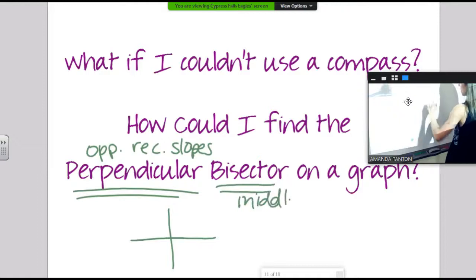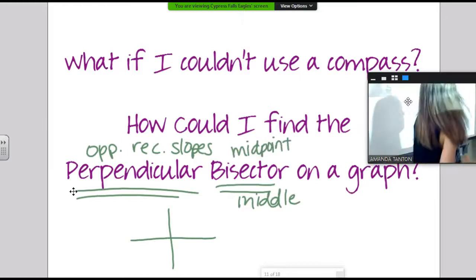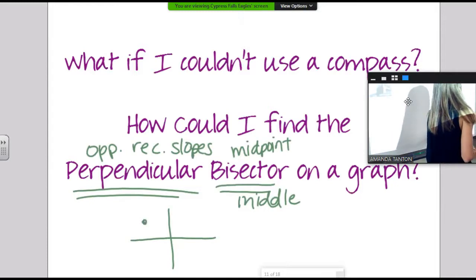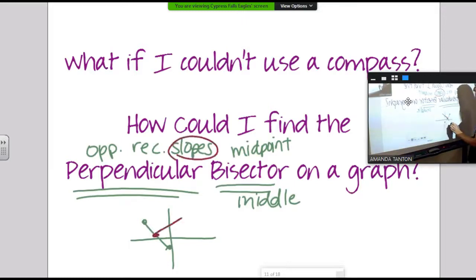The geometry word for middle is midpoint. So if we want to find the perpendicular bisector of a segment, let's pretend it's this segment right here, we need to find its midpoint, and then we need to find its slope. And we can go opposite reciprocal slope and perpendicular bisect.